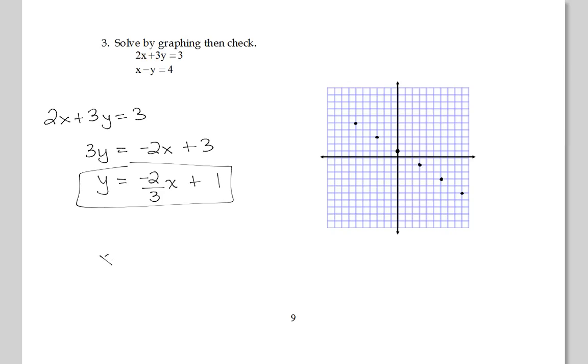Second equation. For this one, I would move the y and the 4. You just move the y over, move the 4 over. Analyzing that, you can see that the slope is 1 starting at -4.